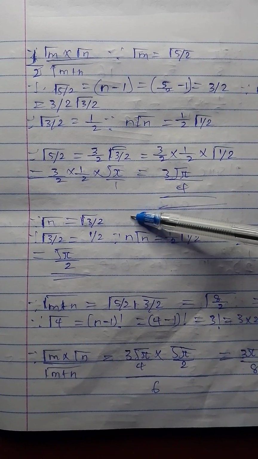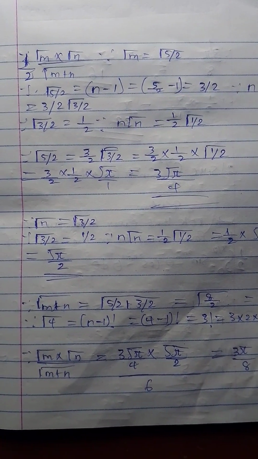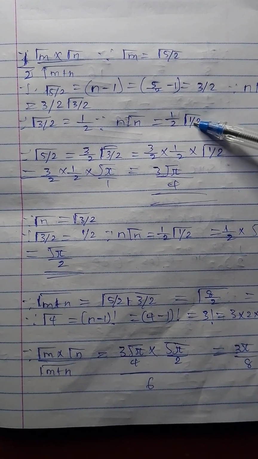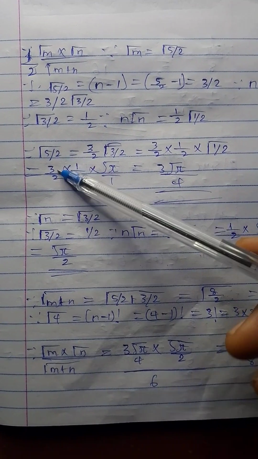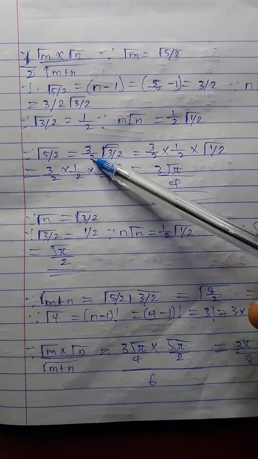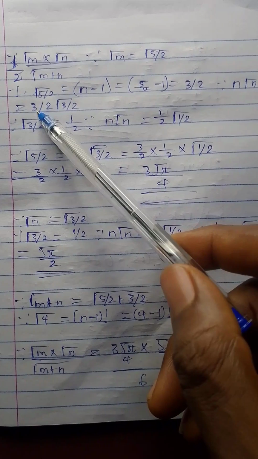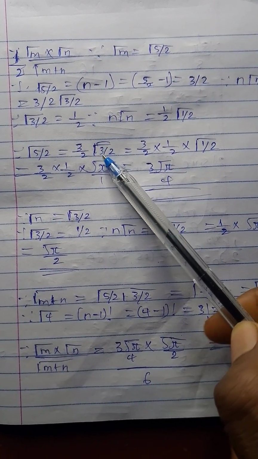In solving beta function, you only stop when you get half. Always bear in mind that the gamma of half is square root of pi. So therefore put everything here. The gamma of 5 over 2 is equal to 3 over 2 gamma 3 over 2.